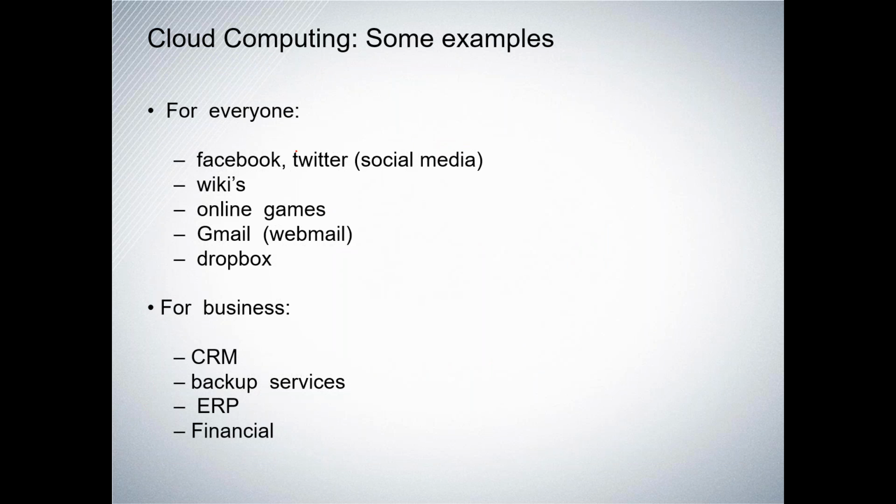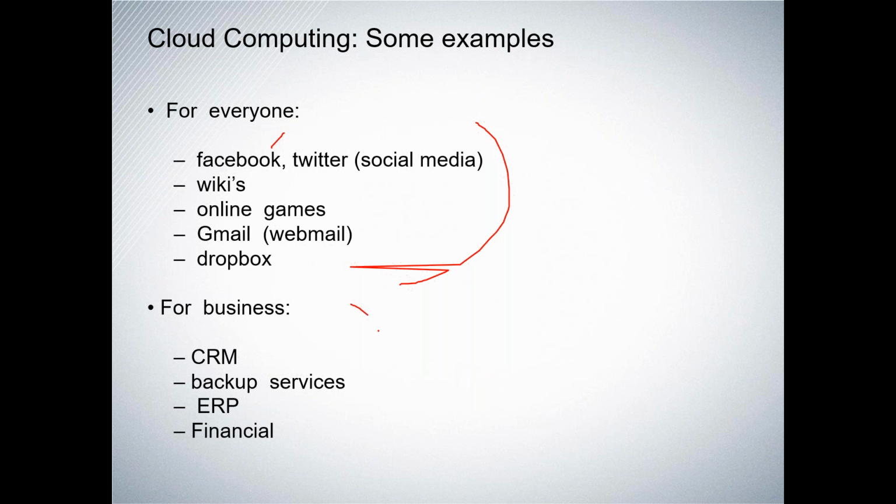Some of the most common cloud computing examples: Facebook. Facebook is a service that is provided to you over the internet. Twitter, online games, Wiki. Gmail is also an email service that is provided to you over the internet. Dropbox is also a file sharing service. These are for everyone, the general public, anyone can use these services.